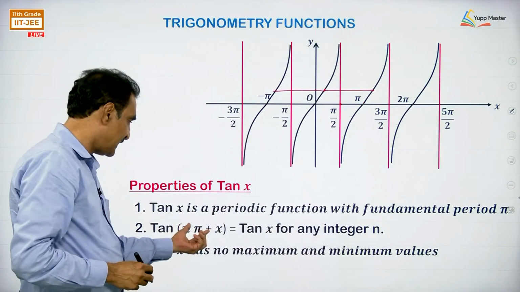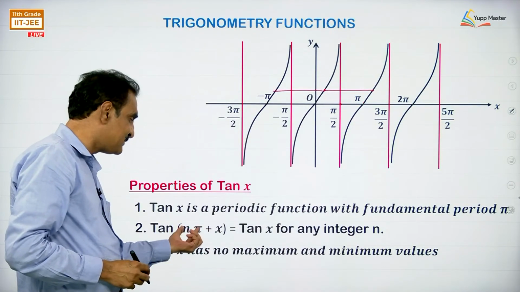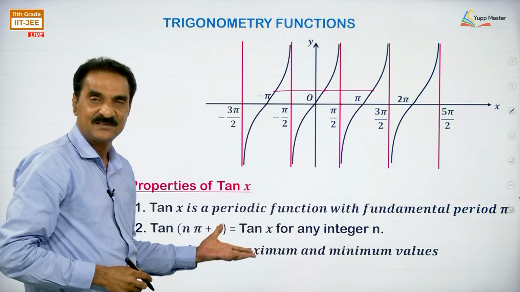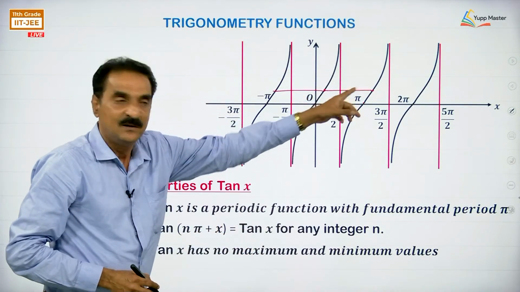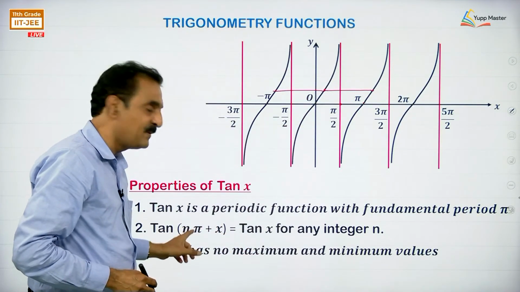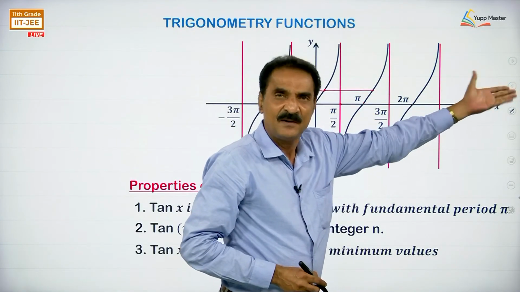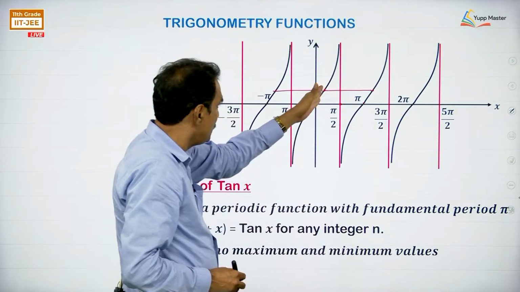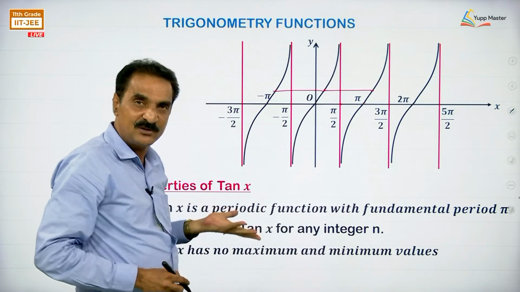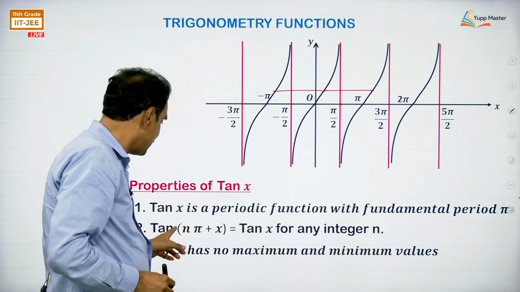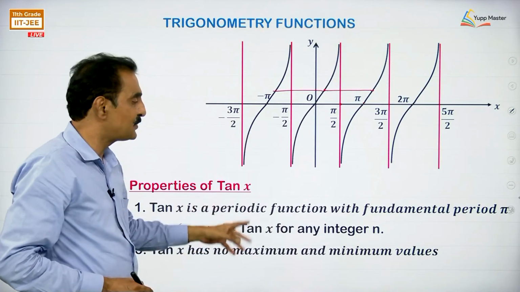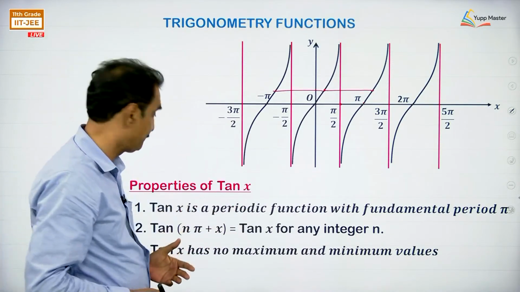That is why by adding an integer times pi to x, the value of tan x remains same. Adding some 5 pi means you are moving 5 pi units towards right, the value remains same. Move 6 pi units towards left, the value remains same. That is why tan of n pi plus x is equal to tan x for any integer n.